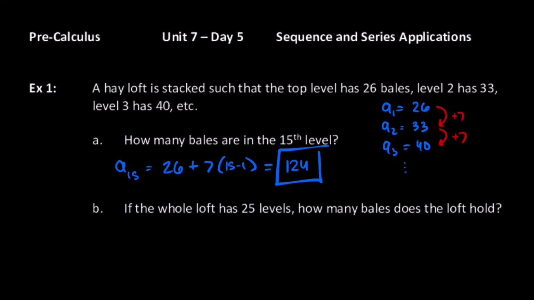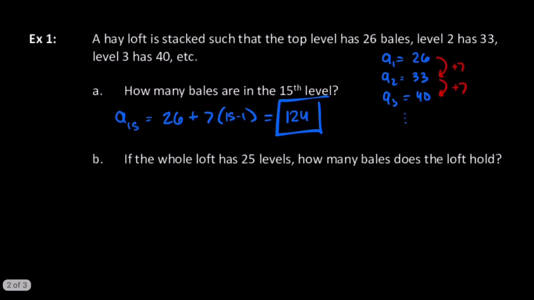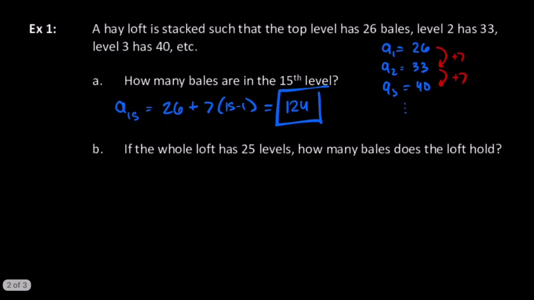Then it says if the whole loft has 25 levels, how many bales does the loft hold? That's a sum situation. I want the sum of the first 25 levels.